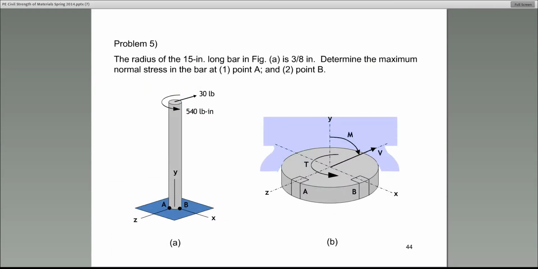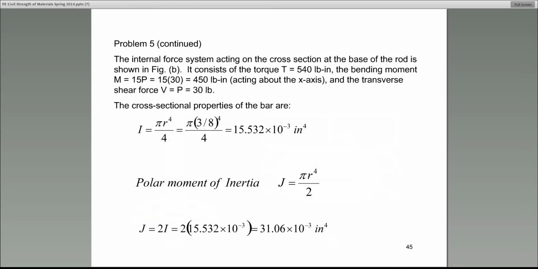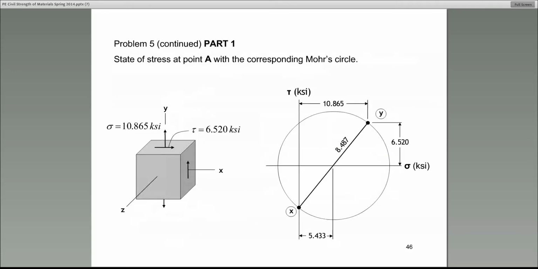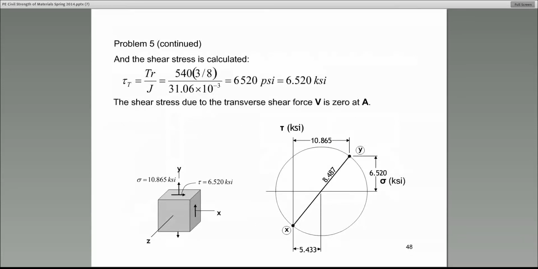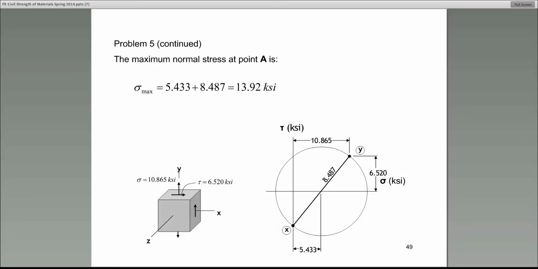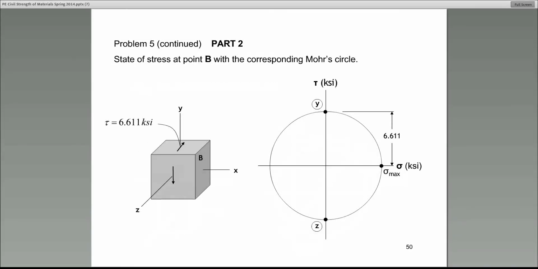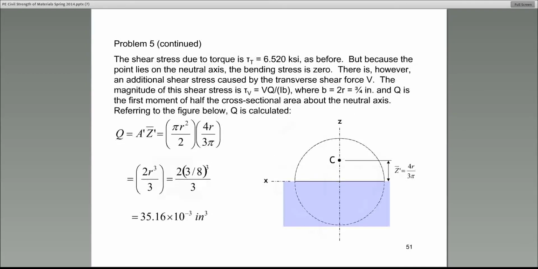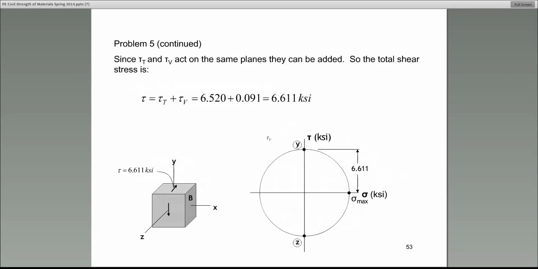This is all that I wanted to cover. This problem 5, it was not my intention to cover this because problem 5 is not something you should worry about for the breadth part of the exam. However, those of you who plan to take the structures exam in the afternoon, I recommend that you please review problem number 5.